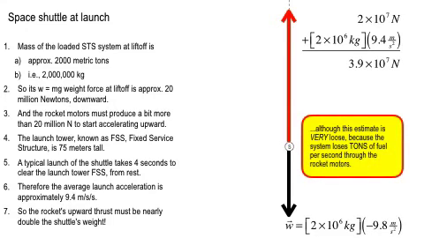And just a small caveat, this is an overestimate. It's very loose because the STS loses tons of fuel per second. So in that first 4 seconds from liftoff to clearing the launch tower, it's blazing out tons and tons of rocket fuel. So the mass is not the same.